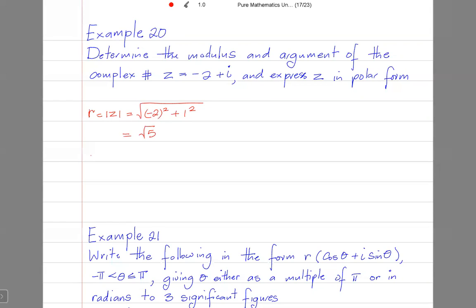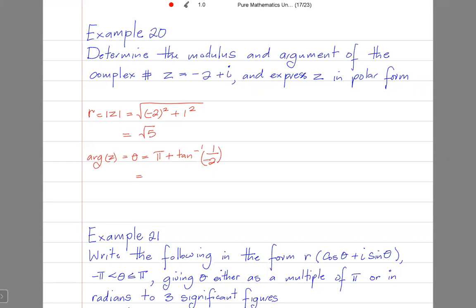The argument of z, theta, is for (-2, 1), which is in the second quadrant. So it's equal to pi plus tan inverse, imaginary over real, 1 divided by -2.